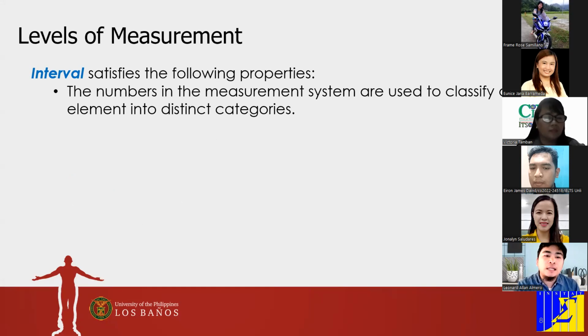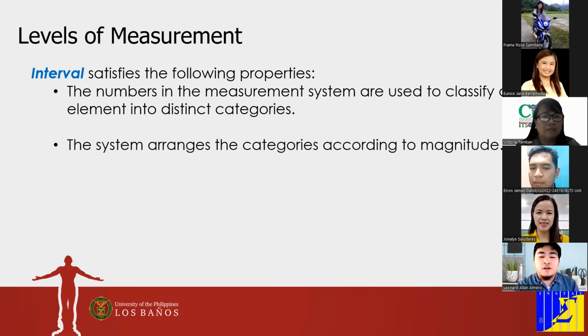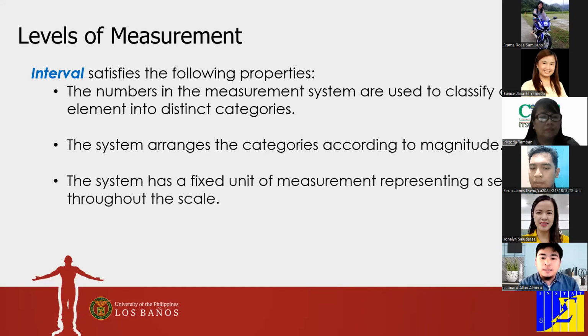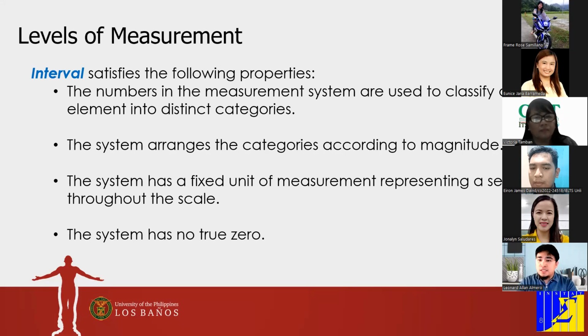The additional characteristic of the interval is that it now has a fixed unit of measurement representing a set size throughout the scale, and the system has no true zero.